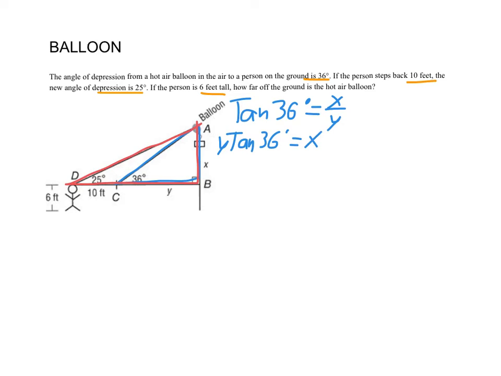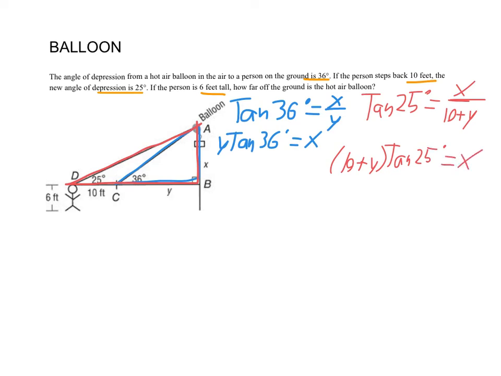In turn, my red equation: the tangent of 25 degrees is equal to my opposite of x divided by my 10 plus y, my new adjacent, which I can rewrite as 10 plus y times the tangent of 25 is equal to x.